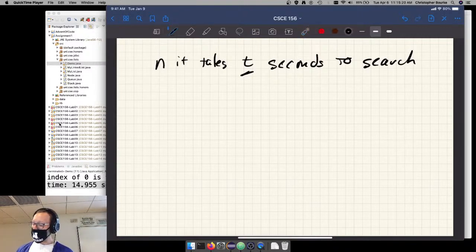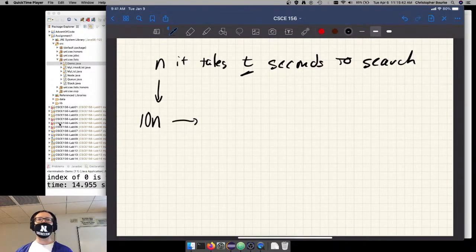So if I have an input size of n and it takes t seconds here, then what if I increase this tenfold? I go from 1,000 to 10,000, or from 10,000 to 100,000, or from 100,000 to 1,000,000. Then how many seconds is it going to take here?